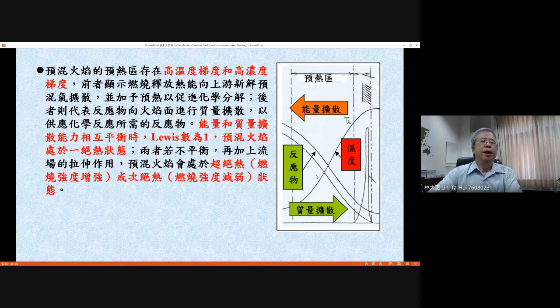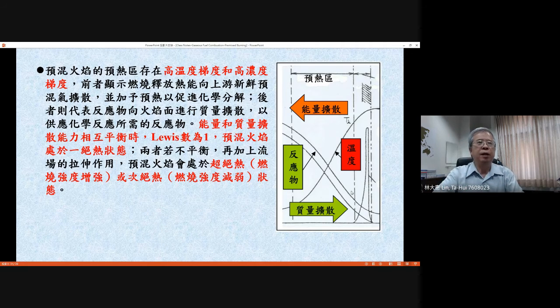The gradient tells you the high concentration region is at the front of the preheating zone, and most of the reactants will be consumed, reduced to the minimum value. Here you can see the direction of mass diffusion must come from the upstream side, pointing to the flame.